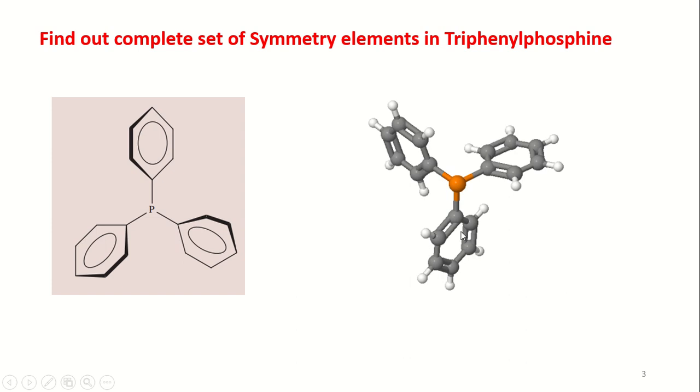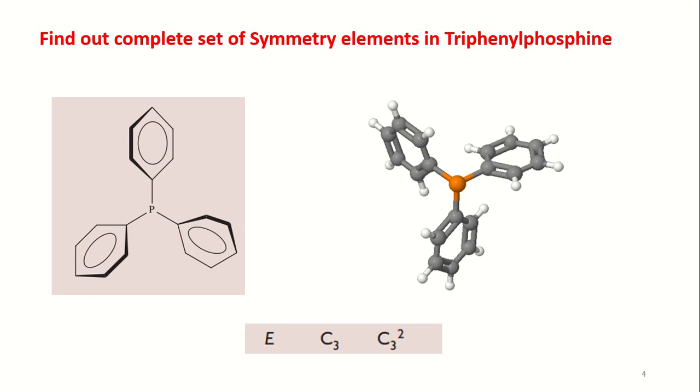But in this molecule, all the three adjacent groups are similar to each other, but they are not in one plane, they are not planar. So here you can see that you would not be able to find any kind of plane of symmetry or sigma in triphenylphosphine.